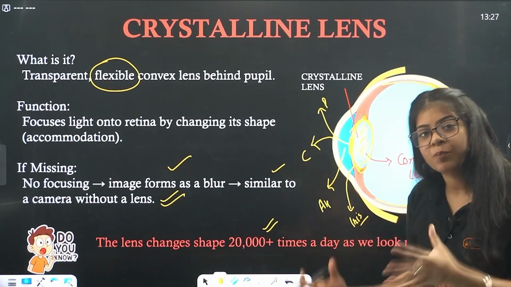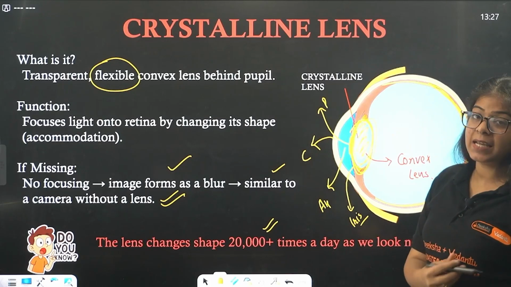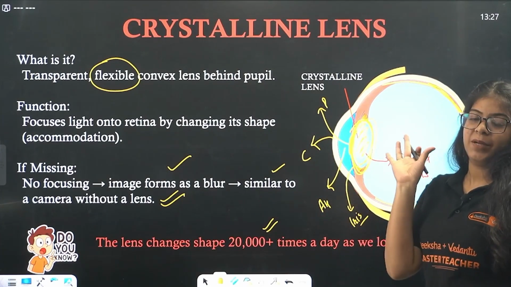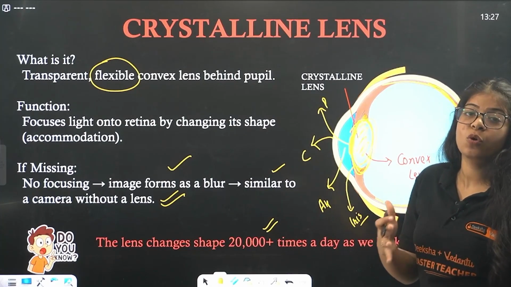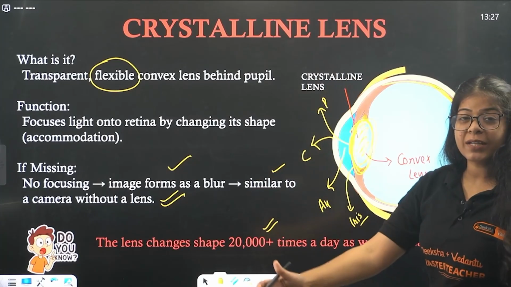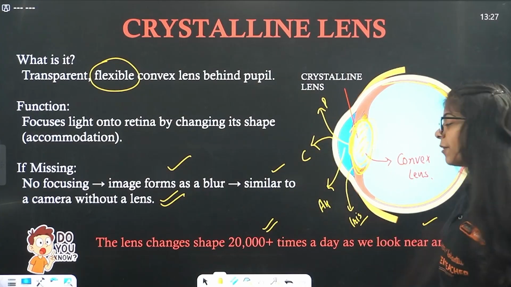The iris helps the pupil to close down or open up. And then we have this crystalline lens, which is convex. A very important property is that it is flexible. Done? Learn it with me. That's the main objective of this whole video. You have to learn it with me. After you end this video, you don't have to open the book again. That's my objective. Okay, great.